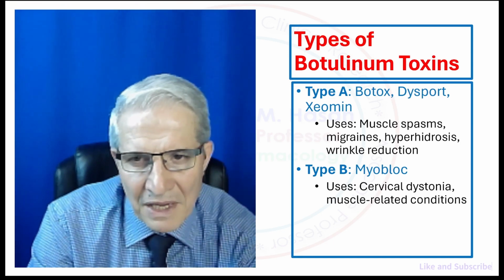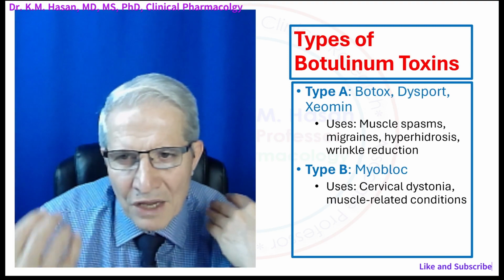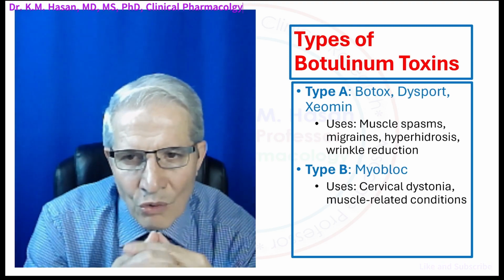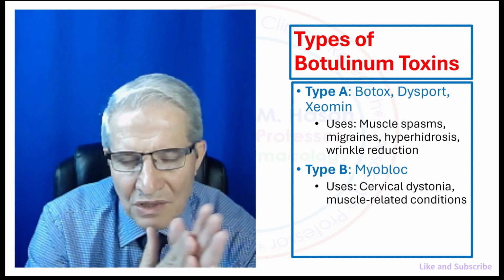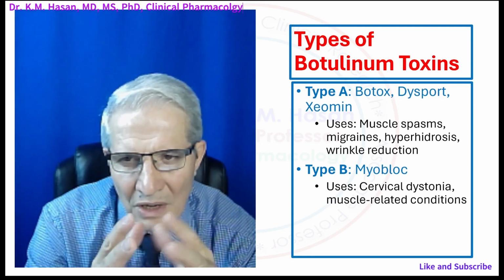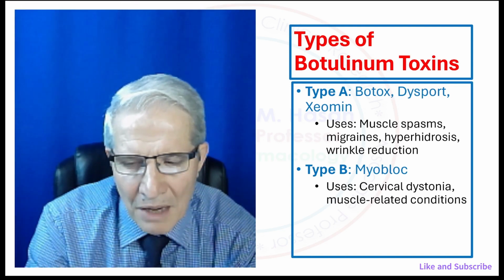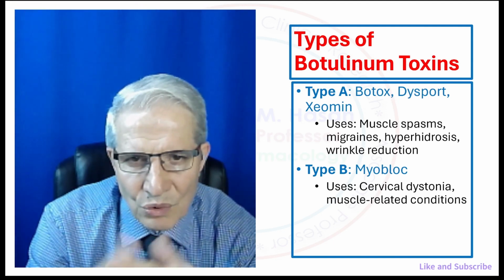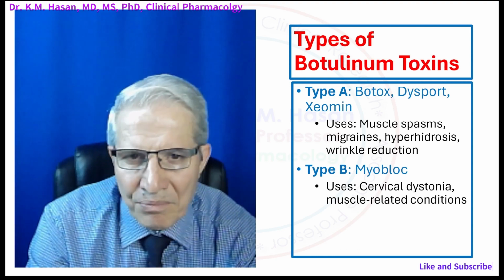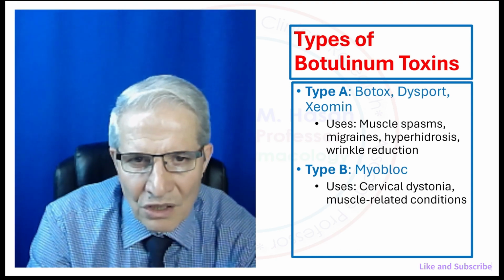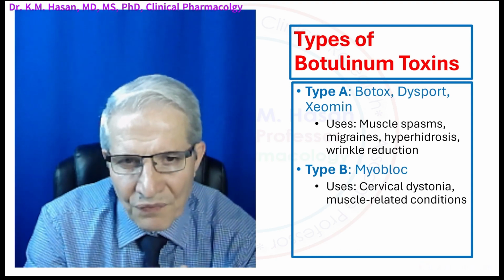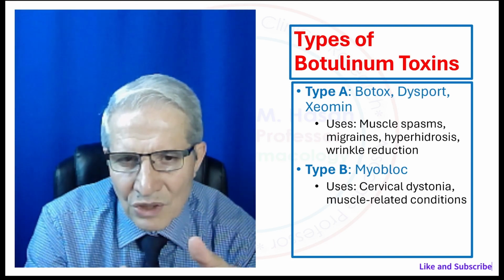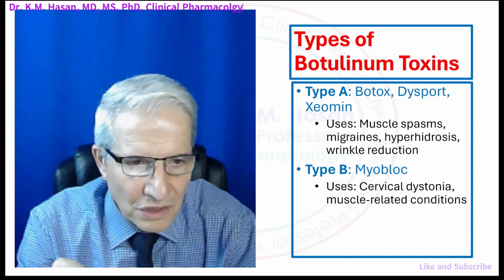So for muscle pain, if the patient suffers from neck pain or low back pain, or wrinkles, or severe sweating, maybe on the palms and the feet, it could be used to reduce sweating. Type B, Myobloc, is used for cervical dystonia, when you have a spasm in the neck or related muscle contraction disorders.